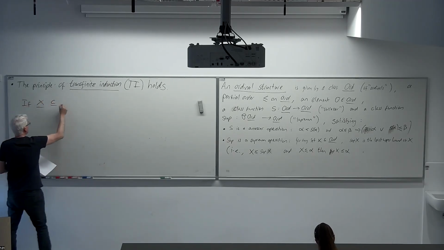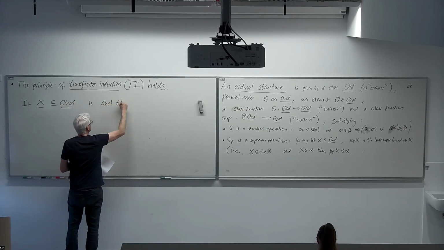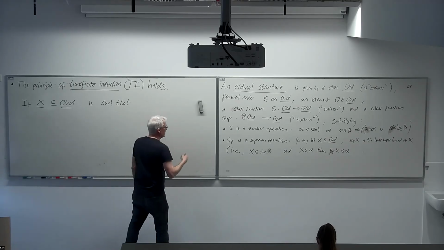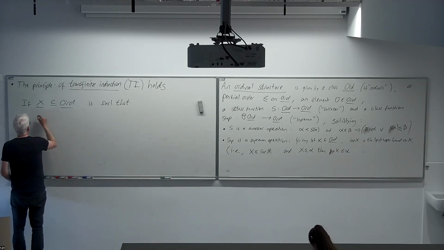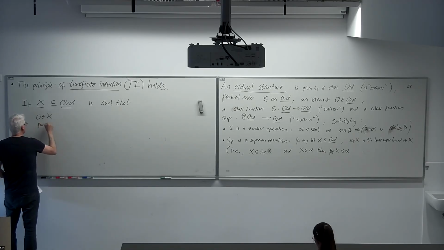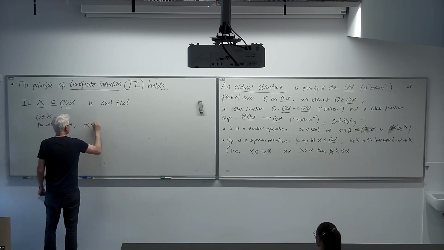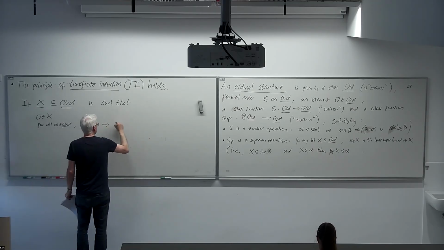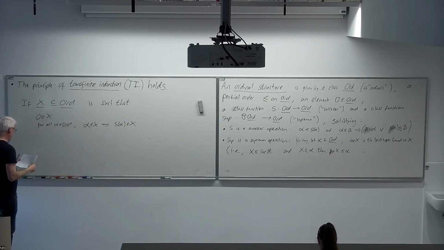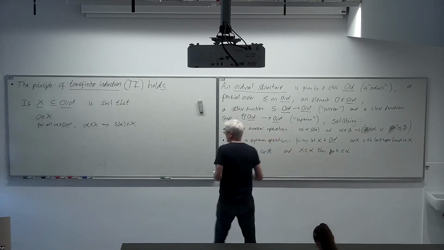So if X is a subclass of ordinals such that it satisfies the properties that it contains 0, is closed under the successor, and it's closed under the supremum operation. So how can we say that?